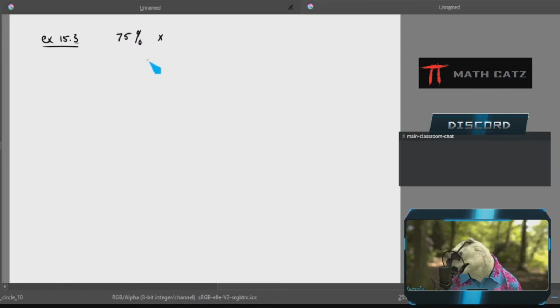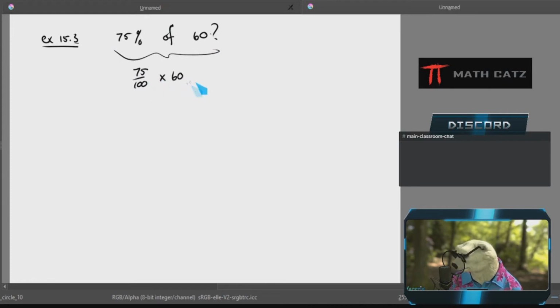Whoopsie. See how I do the multiplication already? I'm so used to "of" meaning multiplication. There we go. That's my question. I need to take 75% of 60, whatever that 60 may be. My calculation is then 75 over 100 times 60.